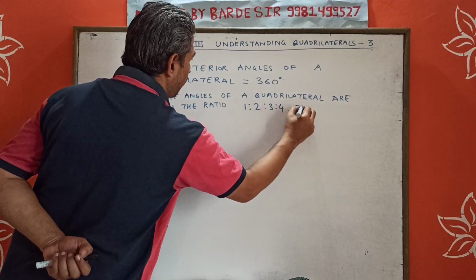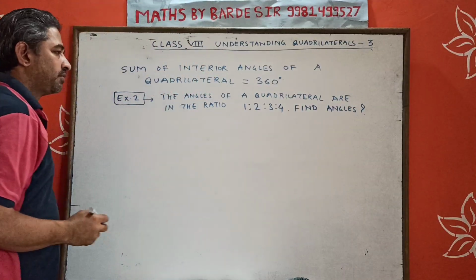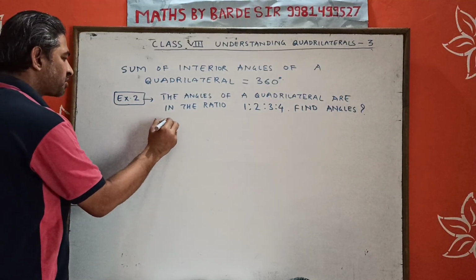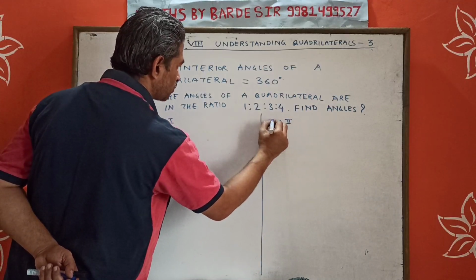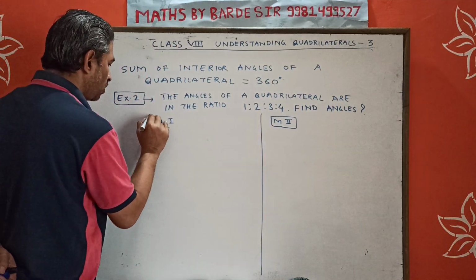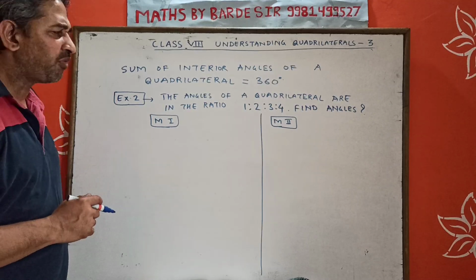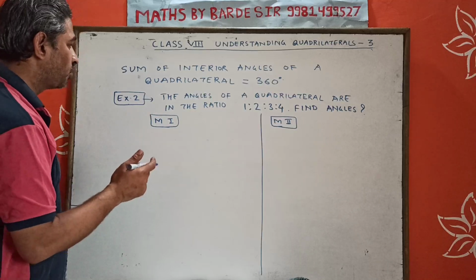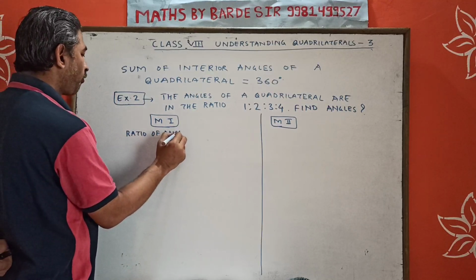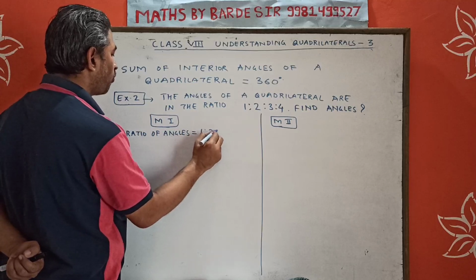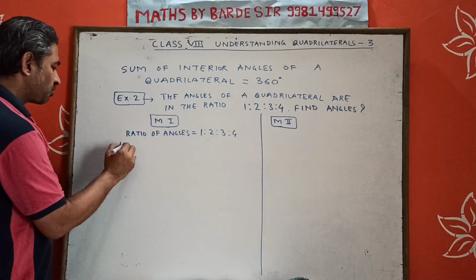Find the angles. Okay, so this question can be solved in two ways. Let's take the first method, which we also discussed in the linear equation in one variable part, that whenever a ratio is given, ratio of angles is 1:2:3:4. So whenever a ratio is given, students, to assume the angles take a multiple.